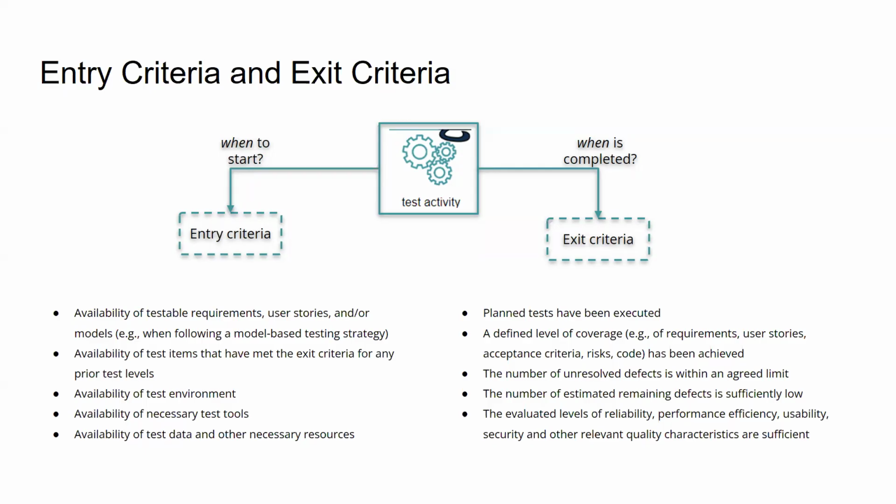Okay. Defined level of coverage. Defined level of coverage has been achieved. So whether we have achieved 70% coverage or 80% coverage or 50% coverage, that value has to be determined beforehand. And once we achieve this coverage, then we can stop the testing. That's another parameter. Number of unresolved defects is within the agreed limit.